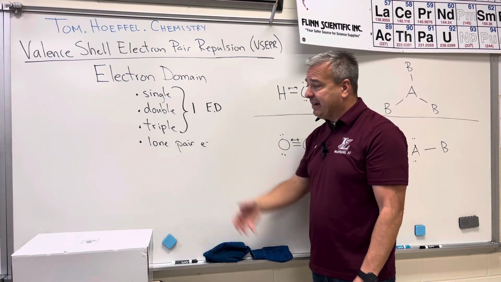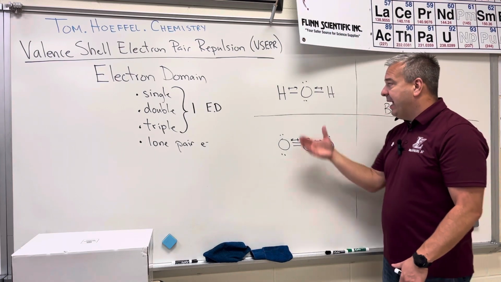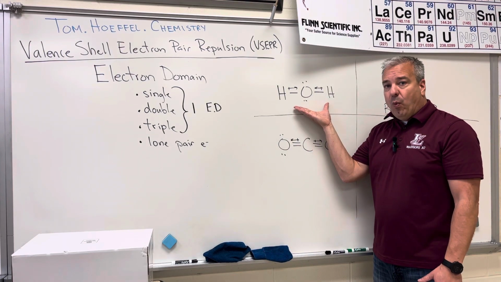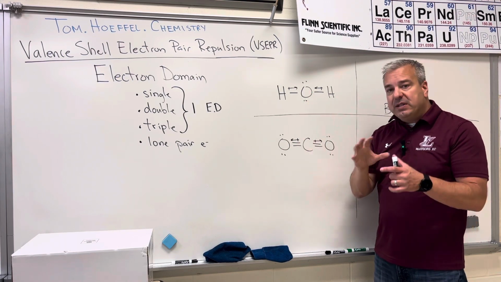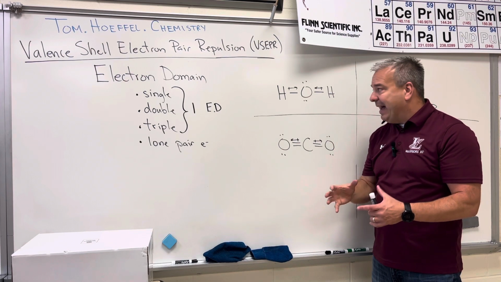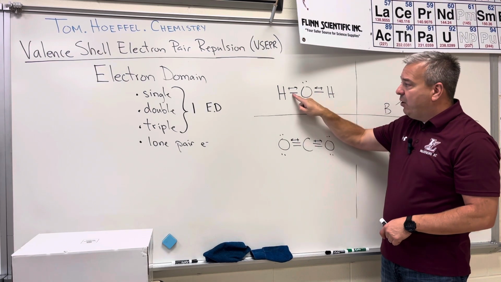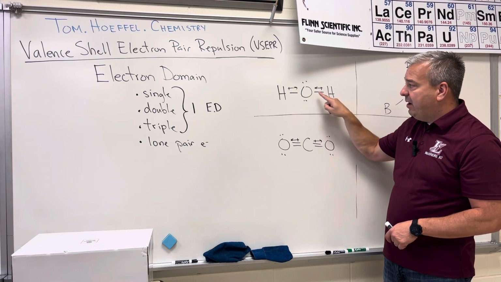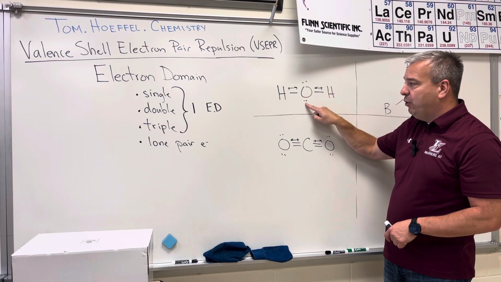So let's do some practice on counting the number of electron domains around a central atom. Right here I have a water molecule, and when we do geometry, remember we're always focusing in on the central atom. The central atom in this problem is the oxygen. We have a bonding domain here, a bonding domain here, a lone pair here, and a lone pair here.